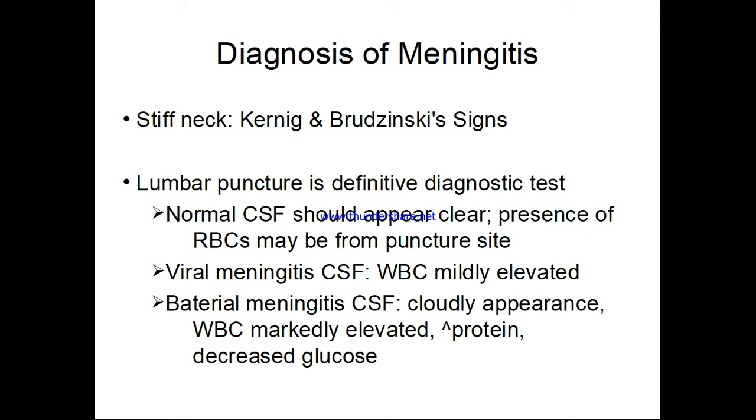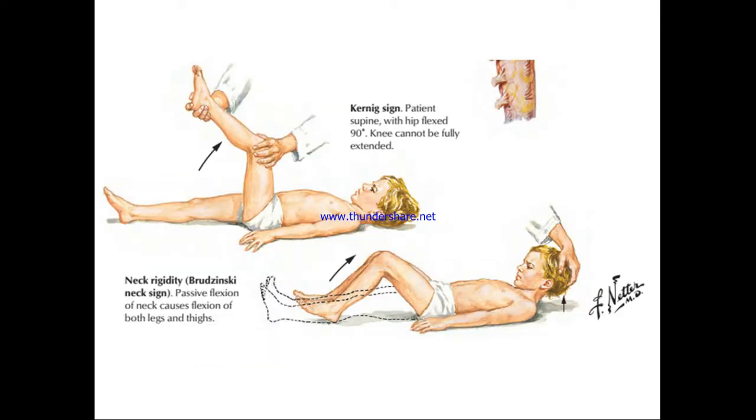With viral meningitis, the WBC will be mildly elevated. With bacterial meningitis, the CSF will appear cloudy, the WBCs will be very elevated, and there will also be increased protein and decreased glucose.